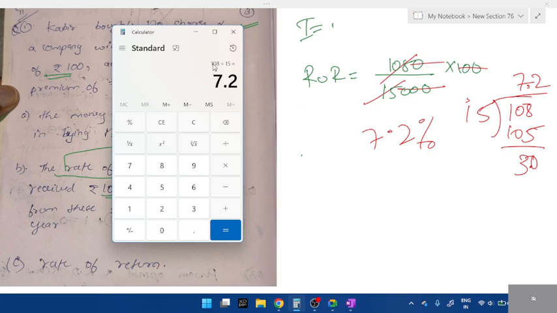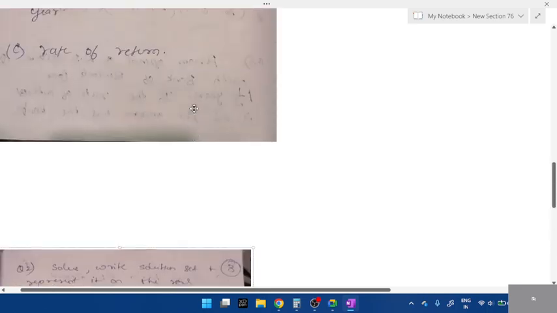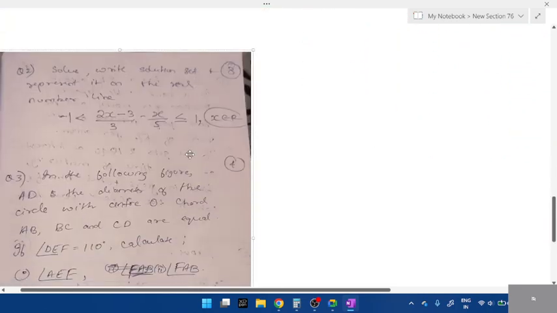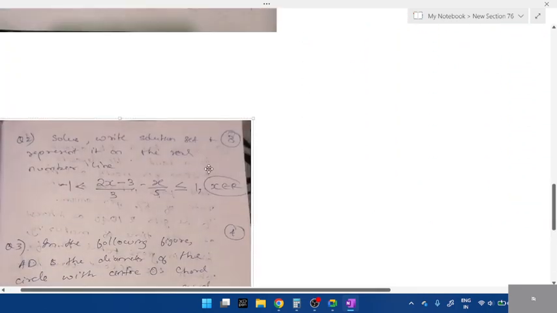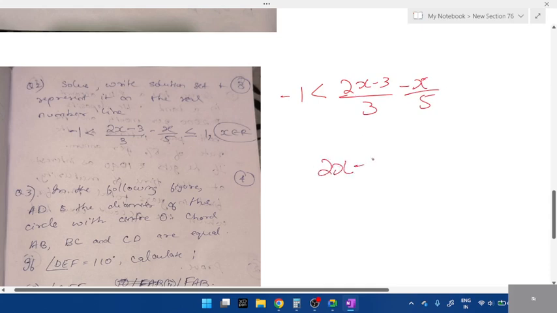Next question. Even this was board question, students. 2026 board paper question. So how do you solve? Minus 1. First equation. Second equation.